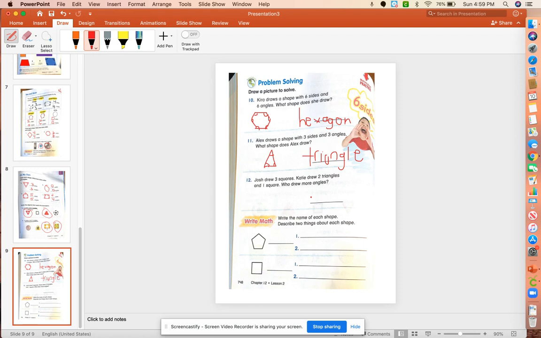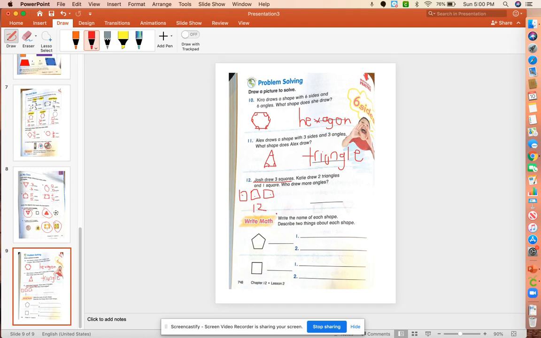Who drew more angles? 3 squares, 1, 2, 3. That's what Josh drew, 3 squares. So how many here? We said 4, and 4 times 3, or 4 plus 4 plus 4 is, I hope you said 12.